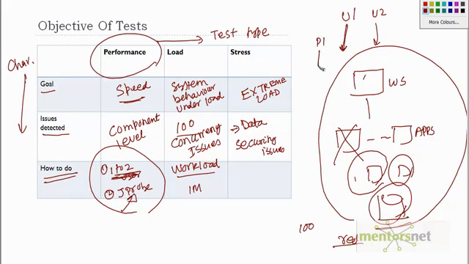Then he'll wait, and that wait we call think time. He waits to read that page, and then he takes the next action. He'll go to maybe page 2 or page 3 depending on what he found in page 1. That is what a real user is going to do, and those kinds of simulations we do in terms of workload using load testing.